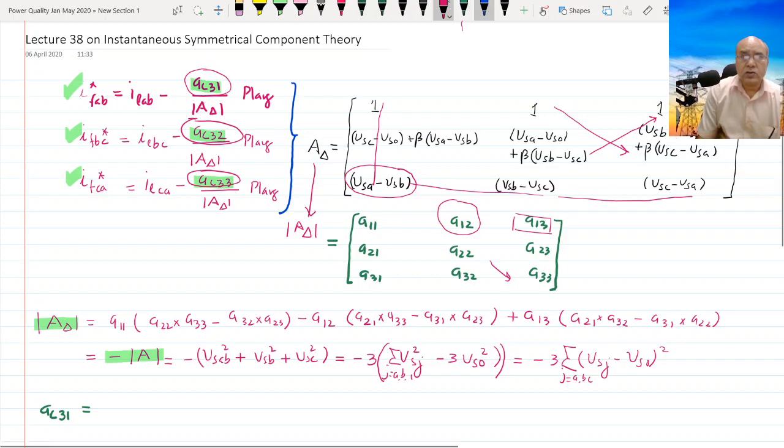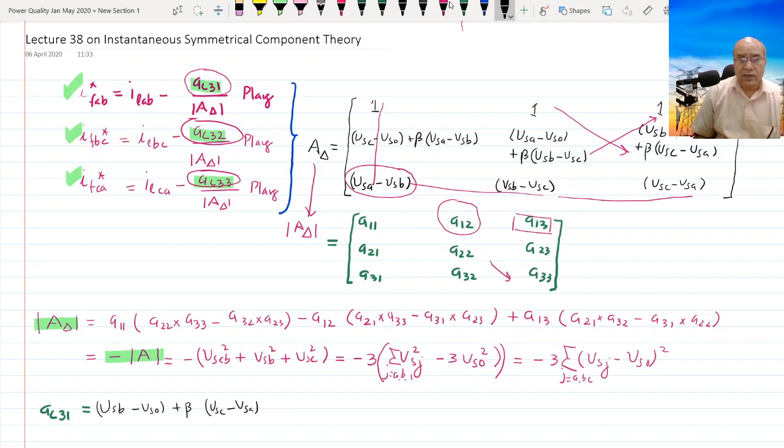Okay, so we will therefore get here: this becomes Bsb minus Bs0, and then plus beta into Bsc minus Bsa, and then again minus this one.